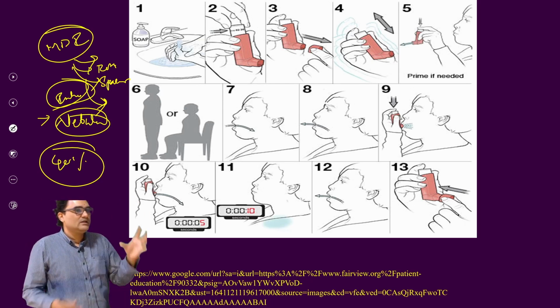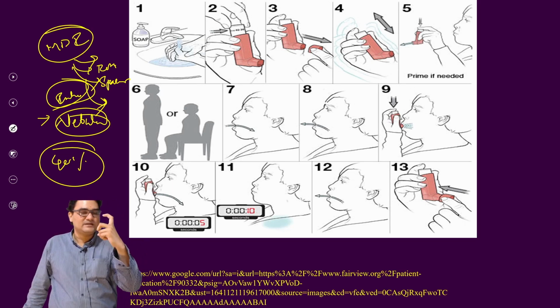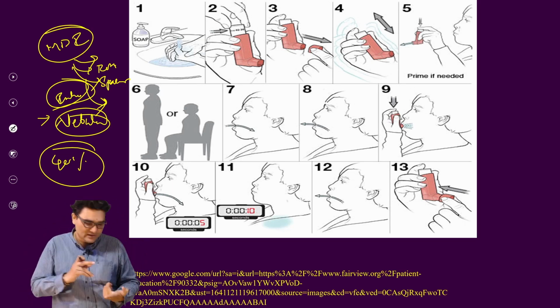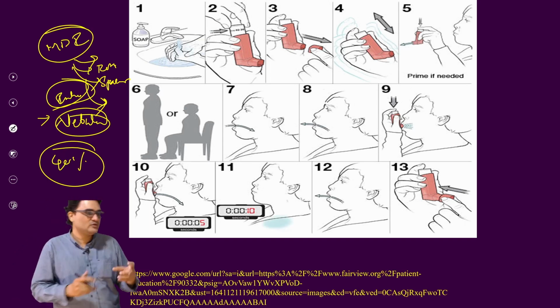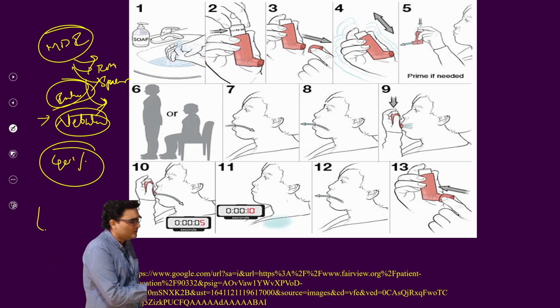Coordination of inhalation after pressing will be difficult in unconscious patients, in children, and in the elderly. So in children we use what is known as a spacer. A spacer connects to the opening part; the patient places the mouth here, and when you press, the drug is dispersed in the spacer.